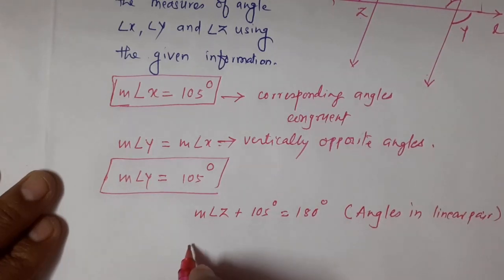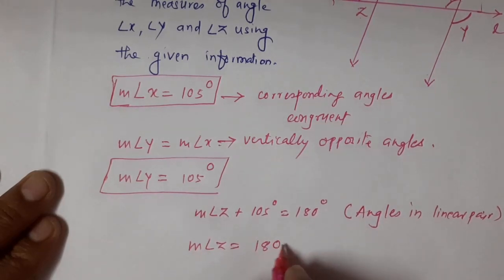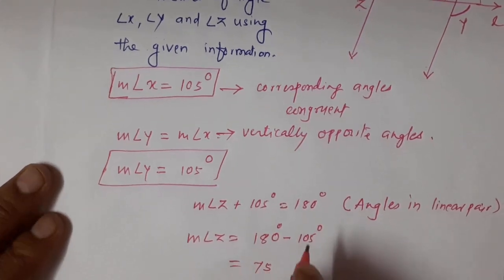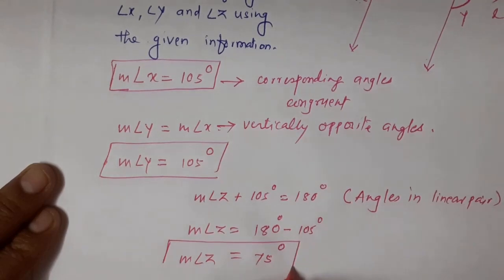So the measure of angle z is 180 degrees minus 105 degrees, that comes out to be 75 degrees. So the measure of angle z is 75 degrees.